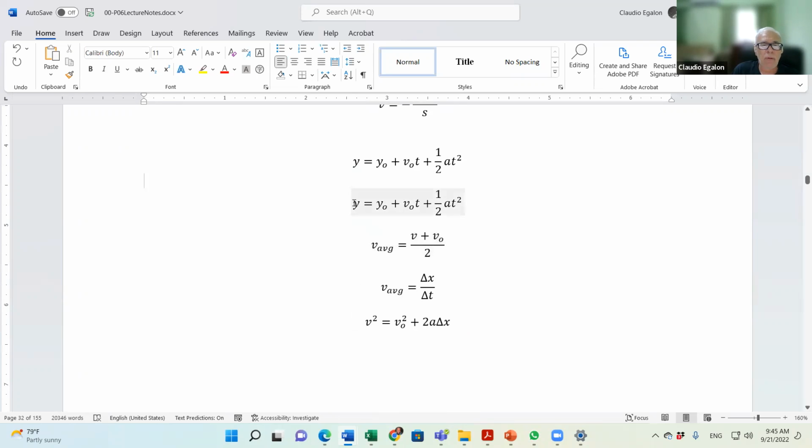The final position at time t equal to 5 seconds is going to be 0. V naught, we already know that's 0 because of the initial velocity. The acceleration is minus 10 meters per second squared.